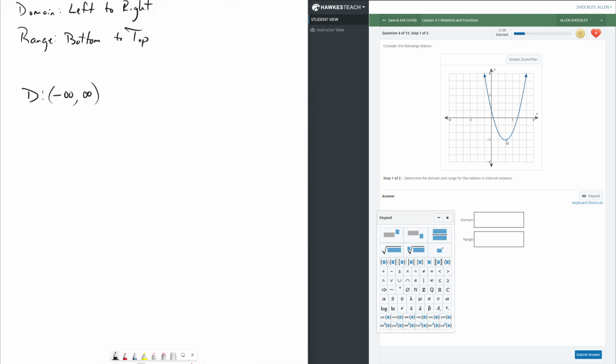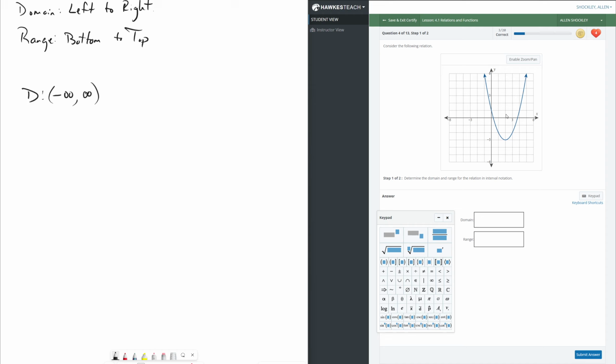For range, we're looking from the bottom to the top. So what is the lowest that this blue line ever goes? Well, if I look, this part right here is the lowest that I will go. What is that? Well, that's -3, and I can count it down by going, this is 0, -1, -2, -3.